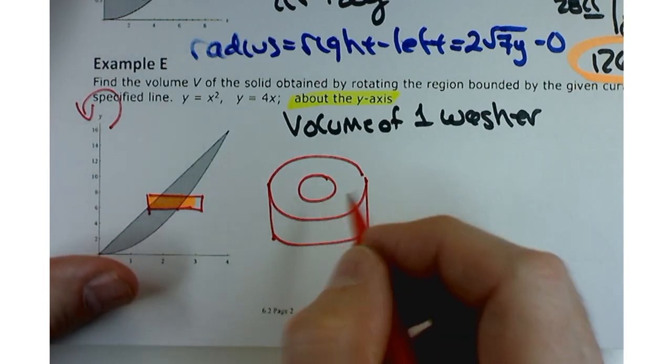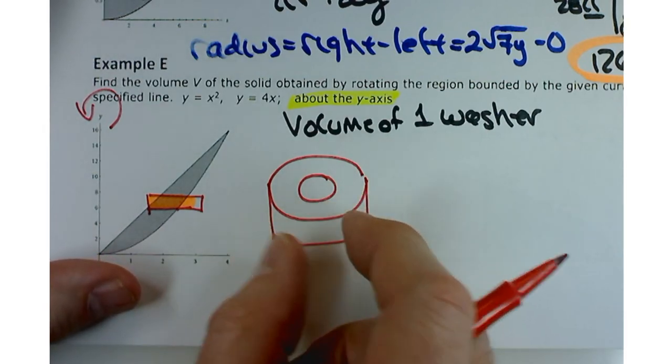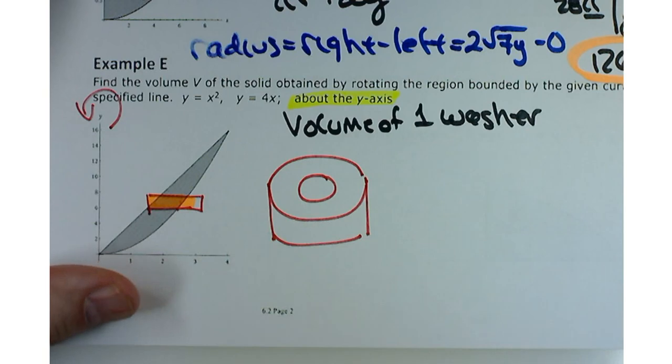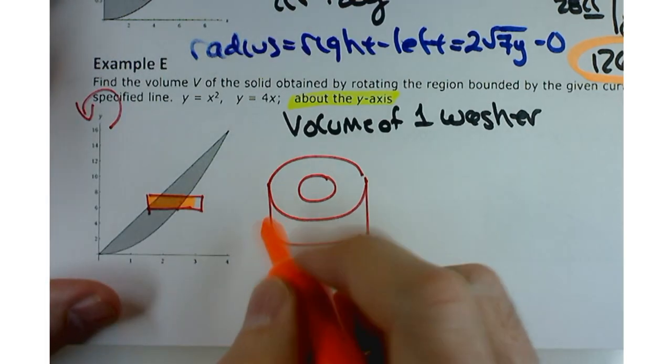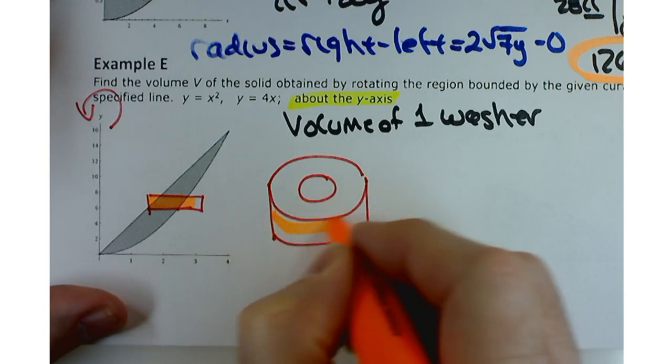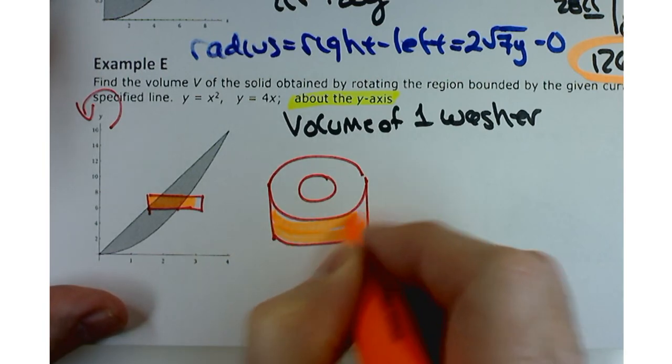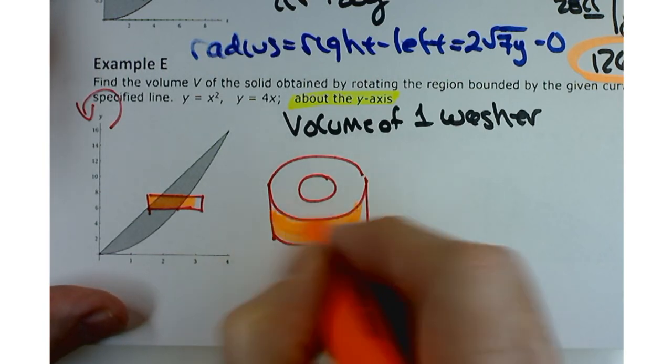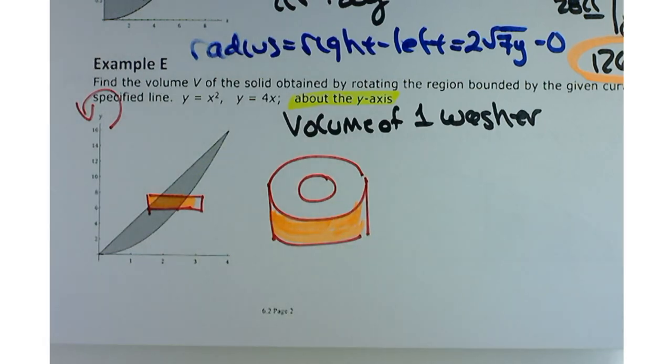Now, to find the volume of this thing, what I could really do is try and find the volume of the outside part, the volume of the outside cylinder, and subtract off the piece that's missing, the volume of the inside cylinder. Now, if you want to wait till the happy ending, that's fine. There's going to be two radii.